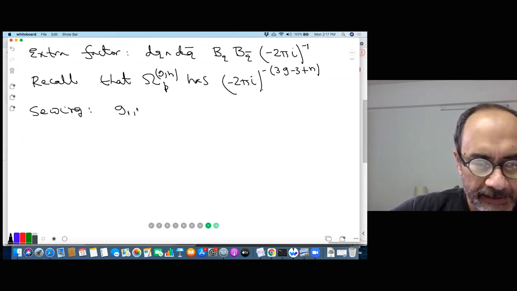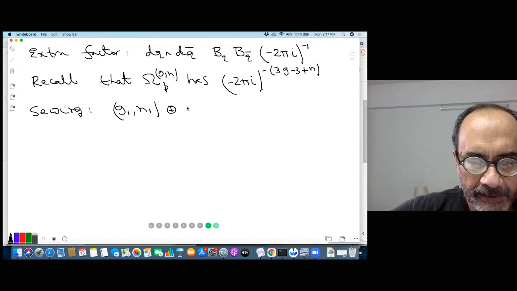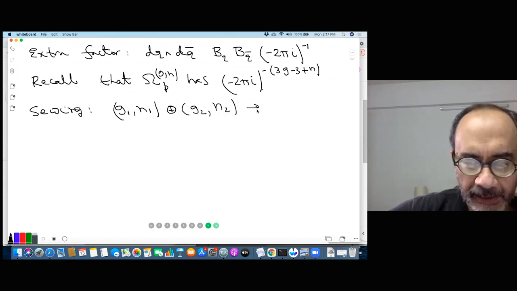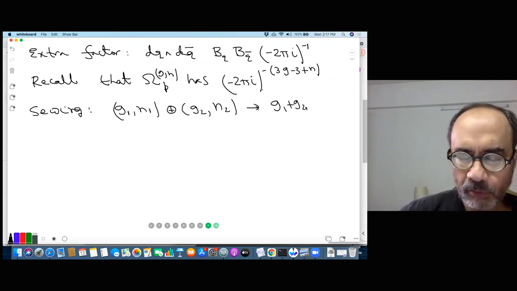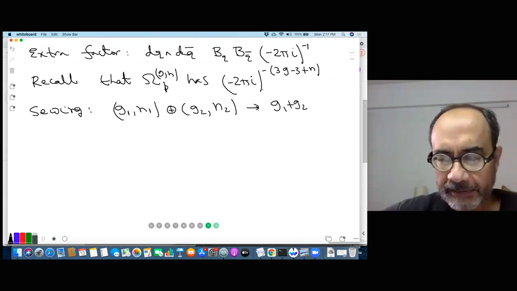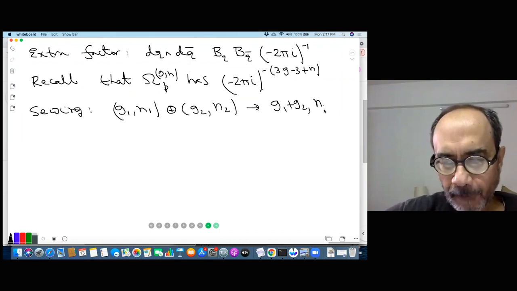One is that it takes two Riemann surfaces, one with genus g1 and n1 punctures, combines this with another with genus g2 and n2 punctures, and gives you genus g1 plus g2 when you sew them together. And the number of punctures is reduced by 2 because two of the punctures are sewed to each other.